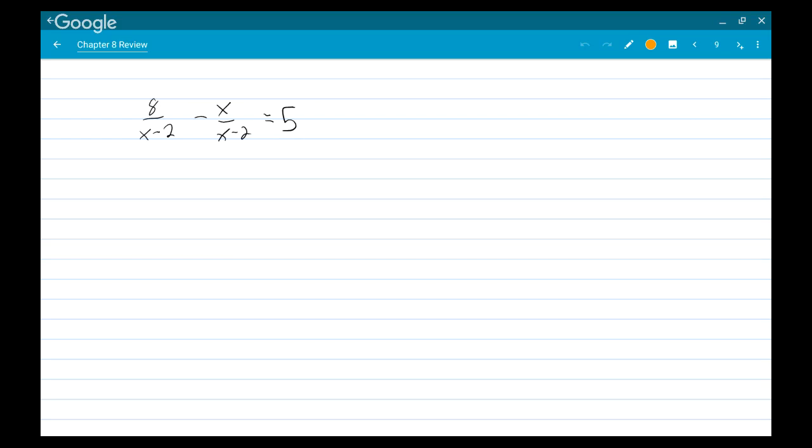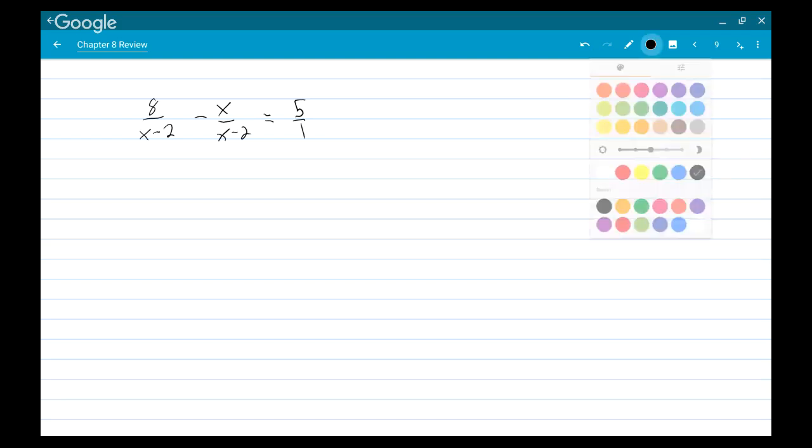So what you want to do on this one is basically figure out what my common denominator would be. Now we have to go in with the understanding, and I'm going to erase this a little bit, then put it back, that that is 5 over 1. So that does not have a common denominator, okay? So the easiest thing I found to do is just pick whatever your common denominator would be and just multiply to get rid of it, okay?